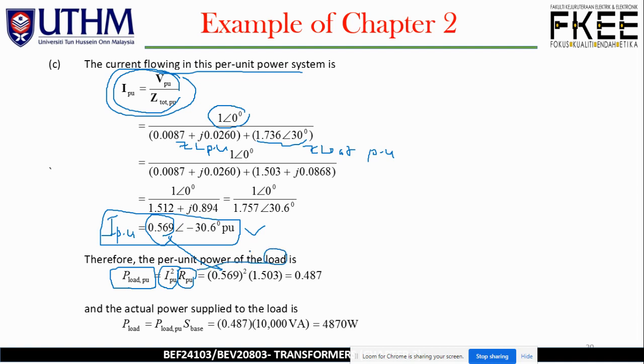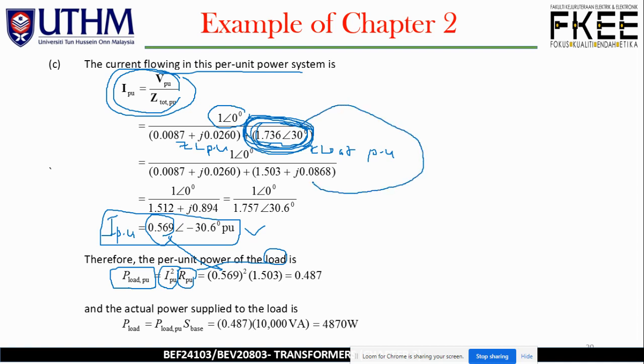The load is given by this value, 1.736 PU at 30 degrees. This is in polar form.